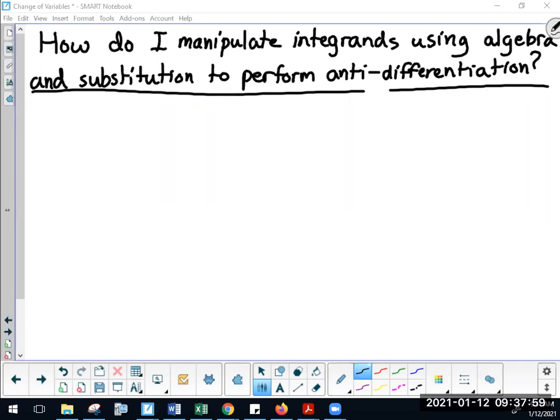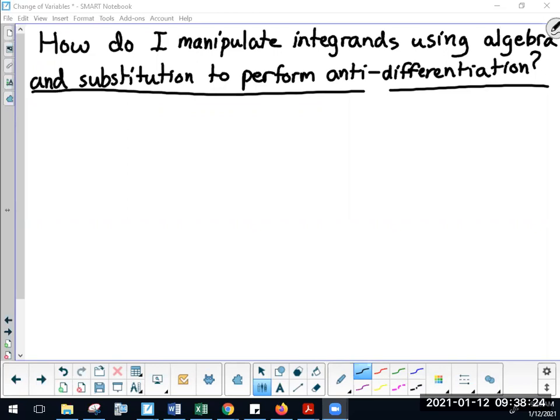Now, yesterday, we did a little bit of algebraic manipulation. You'll recall we used the distributive property and exponents. We did different things to rewrite the way the integrand looked so that we would be able to perform anti-differentiation. So we do all those manipulations and we get something that looks like something on our list.